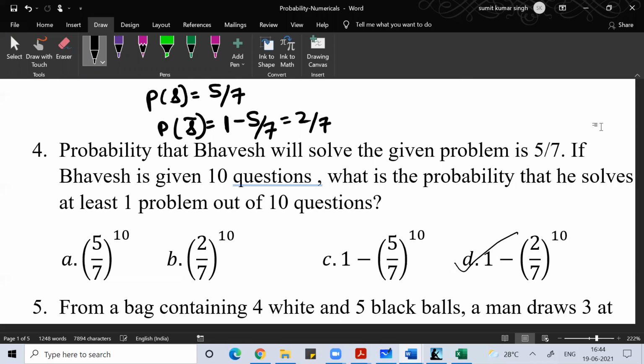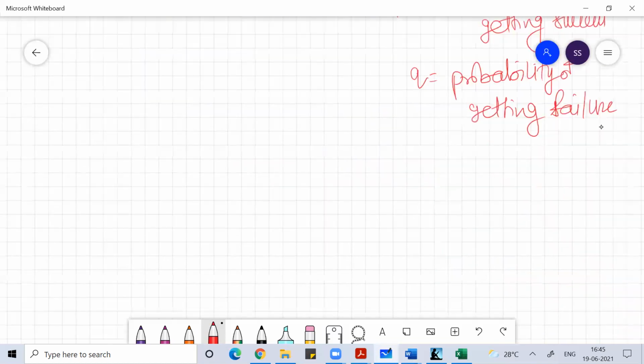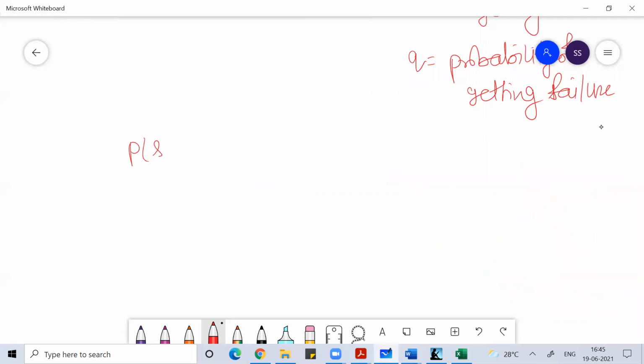Then if 10 questions are given to Bhavesh, what is the probability that he solves at least one of the 10 problems? If I give 10 problems to Bhavesh, the probability that he can solve a problem is 5 by 7, and the probability that he cannot solve a problem is 2 by 7.